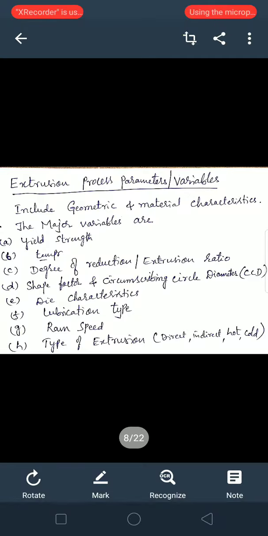All of these you have to consider for the type of extrusion process.